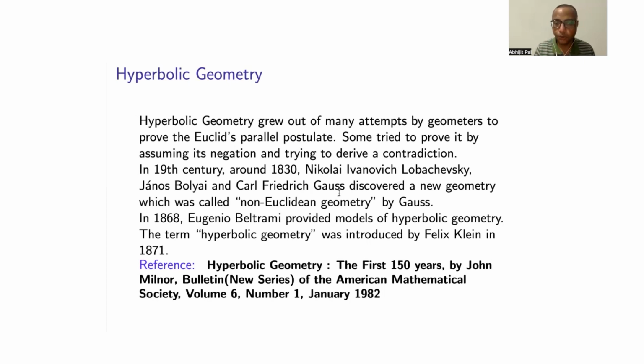initially called non-Euclidean geometry. And this name was first given by Gauss. At that time, there were no models of this non-Euclidean geometry. So in 1868, Beltrami gave some models of hyperbolic geometry.